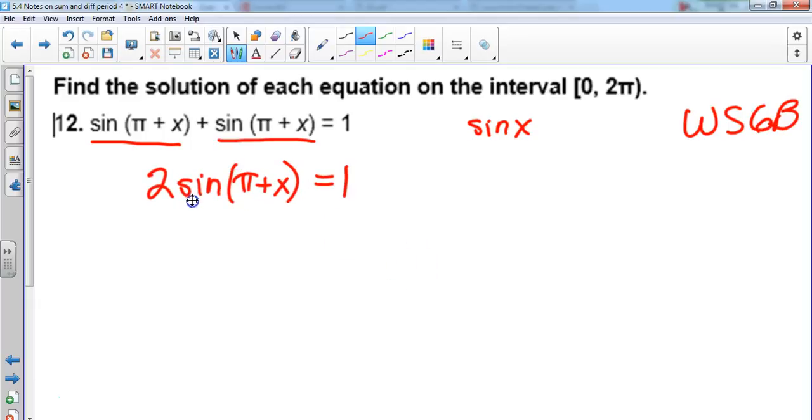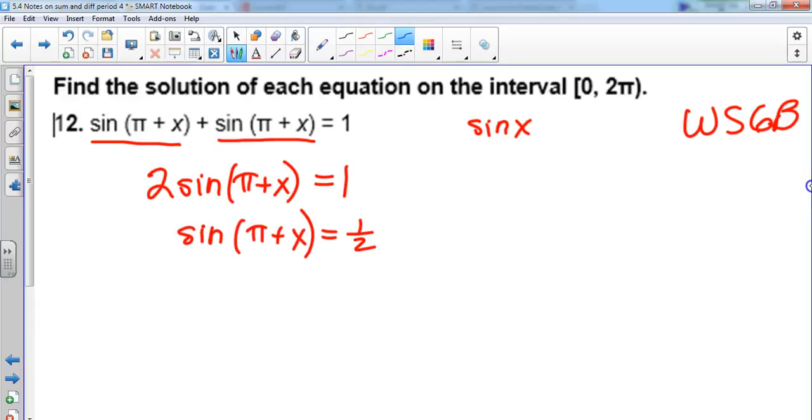Now, we were doing sum and distance formula yesterday, so we're going to use that again, but first I think it'd be faster if we just divided by 2. So we'll have the sine of pi plus x equals 1/2.